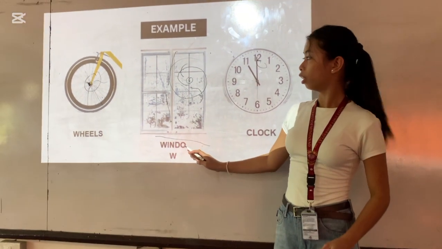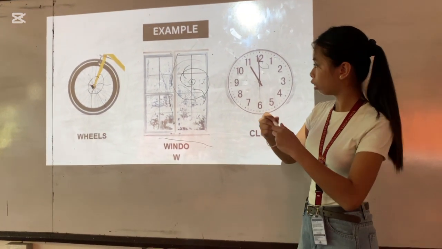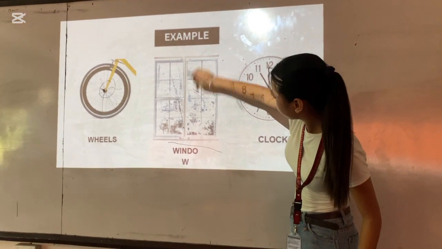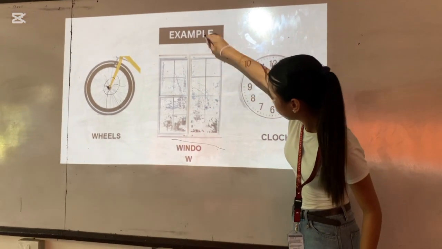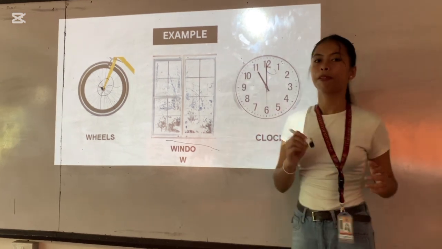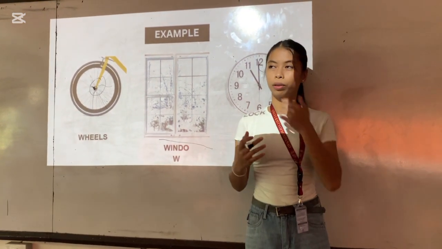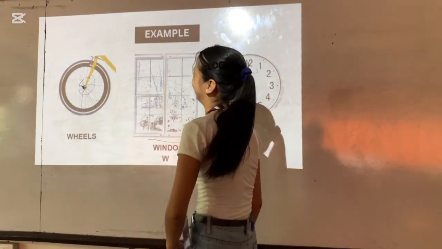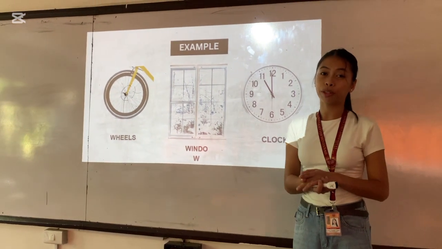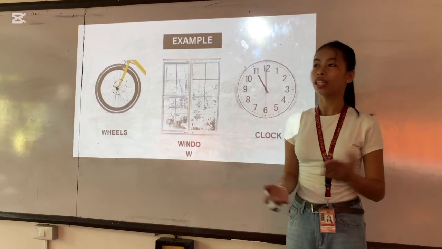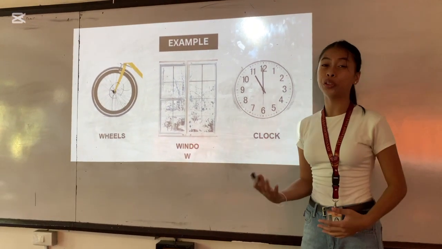Next, a window. So the second example is a window. We can see it everywhere, even in our own room.